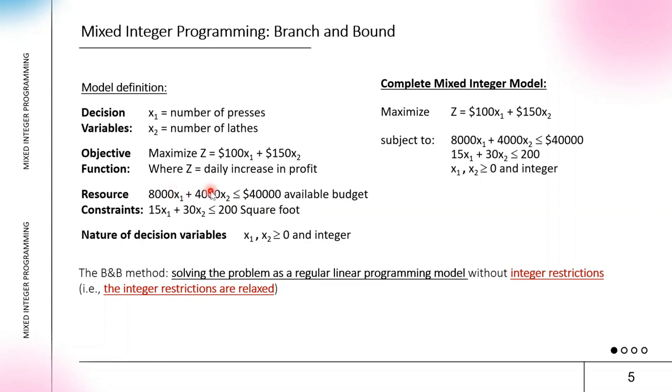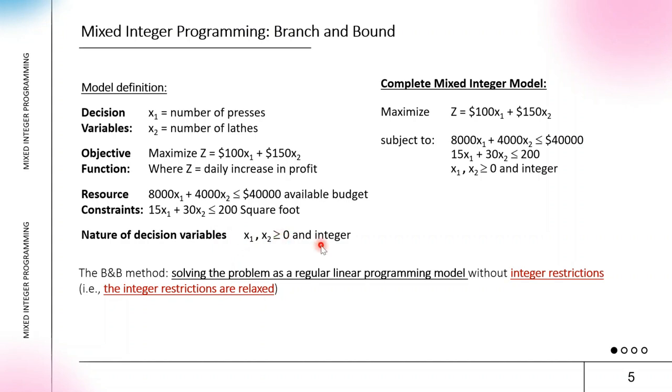And also we have a space constraint: 15 x1 plus 30 x2 must be lower than or equal to 200. And the non-negativity constraint. It means that x1 and x2 must be greater than or equal to 0.